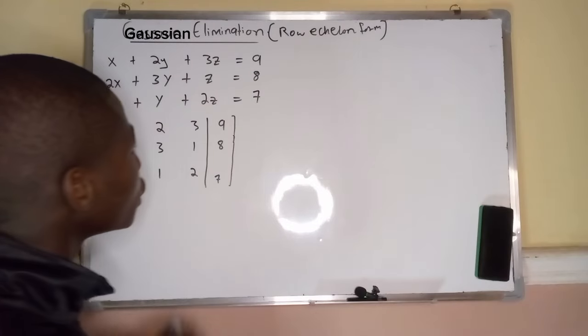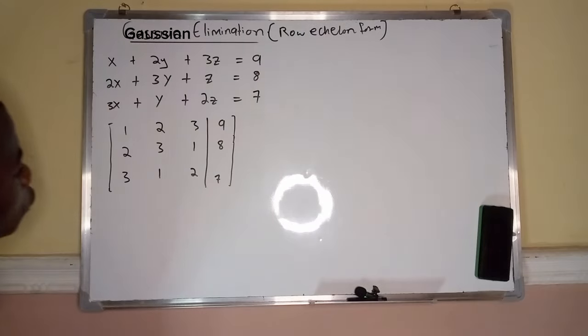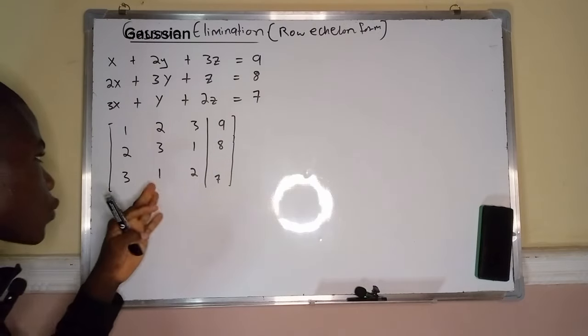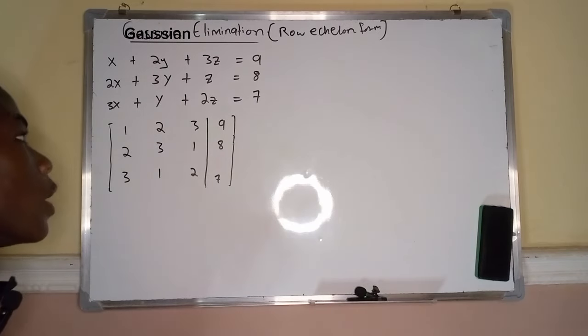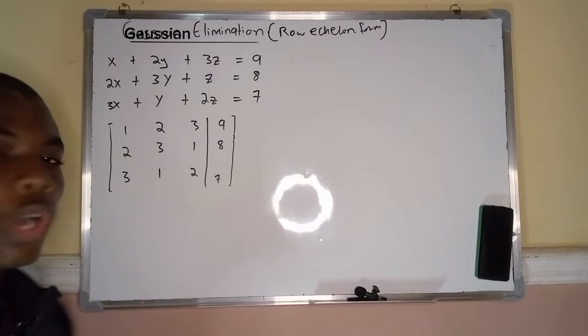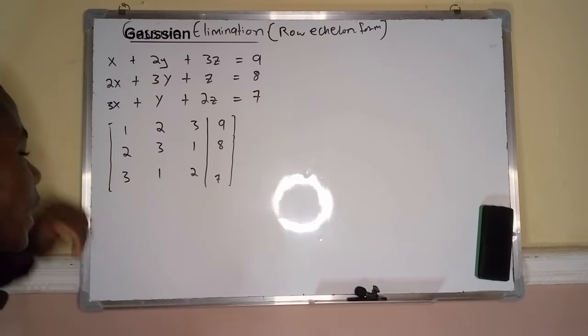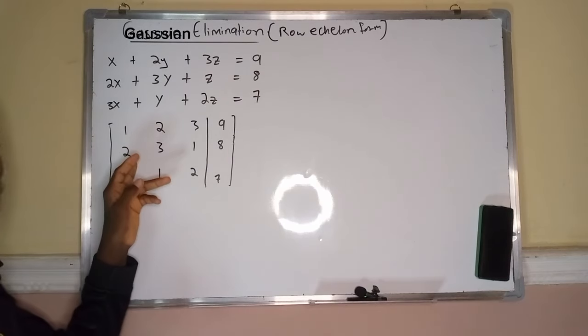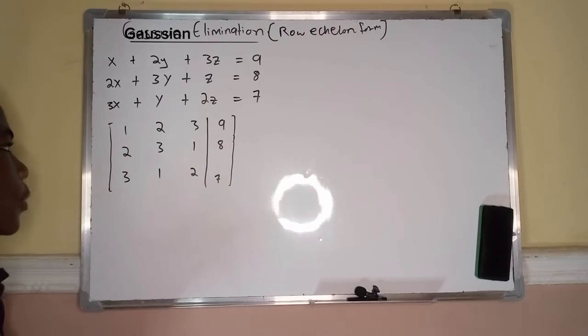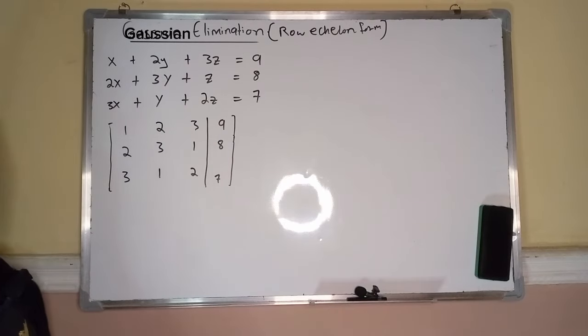How can we use the row echelon form to do that? You have to know that we are using the row operations. To make it easier, you first make the 2 to be 0. So now how can I make this 2 to be 0?